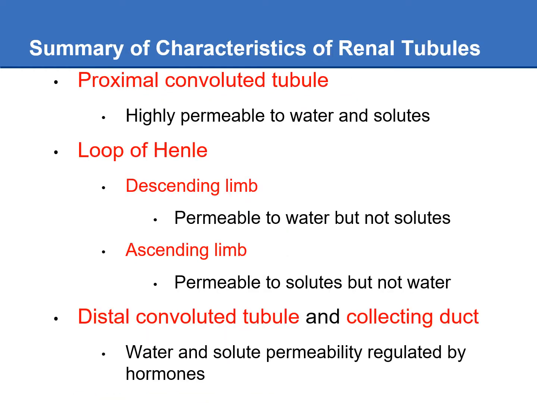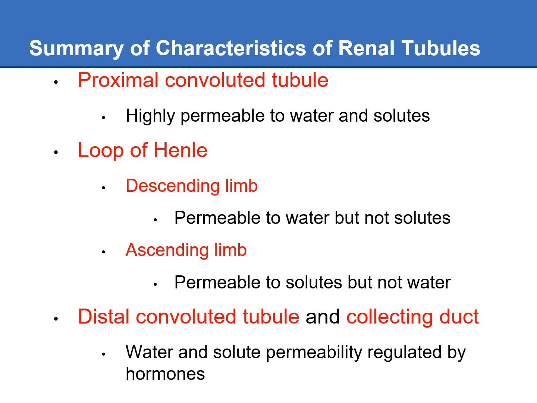So here's just a summary of the characteristics of the renal tubules. I would star this. This is really important to know. The proximal convoluted tubule is highly permeable to water and solutes, and it's not regulated by any hormones at all. In the loop of Henle, the descending limb that's going down into the renal medulla is permeable to water but not solutes.